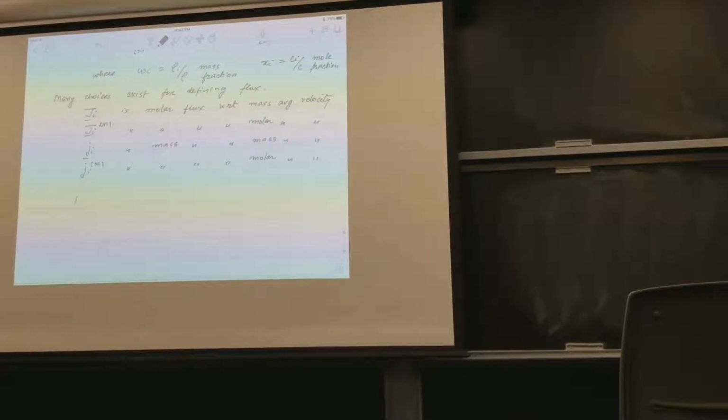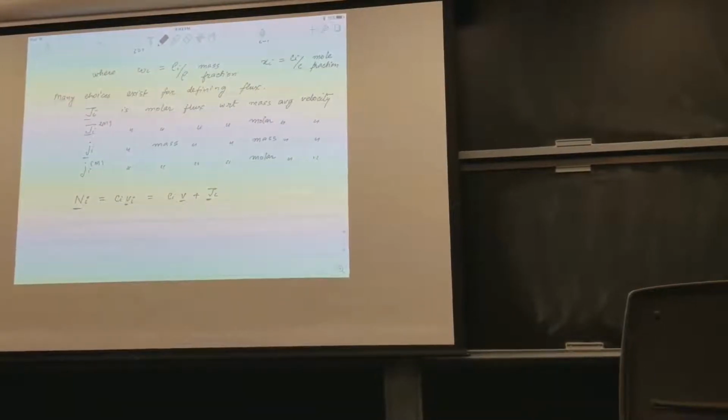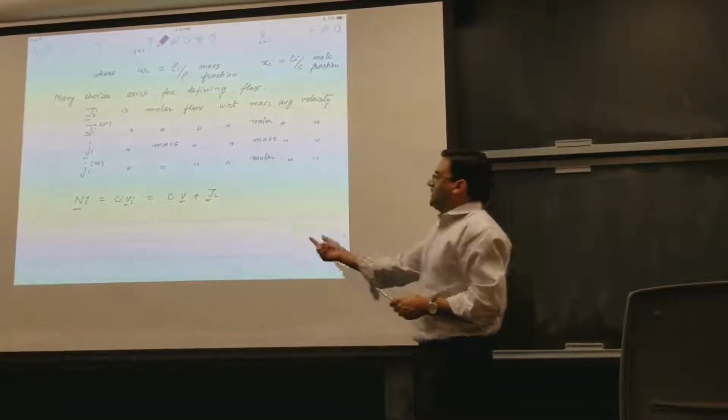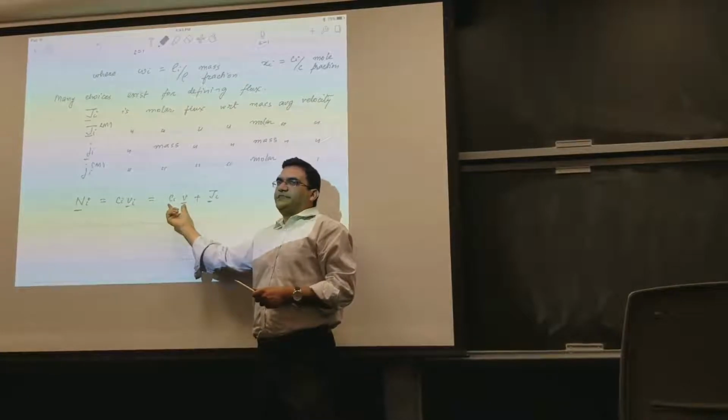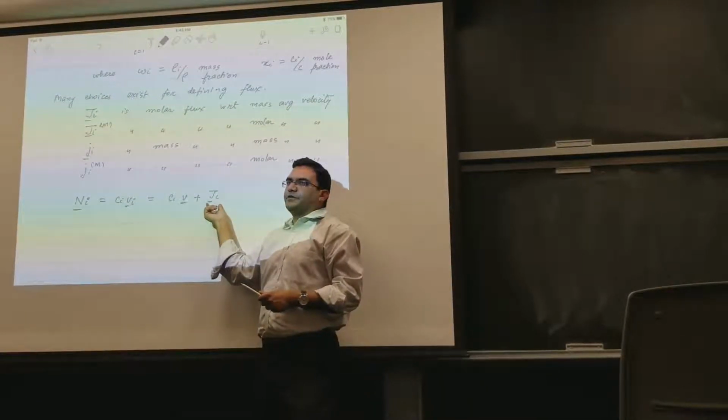But the idea is that my total flux, which I said is Ci vi, is going to be contributed by two terms. This one is a convective term, this one is a diffusive term.